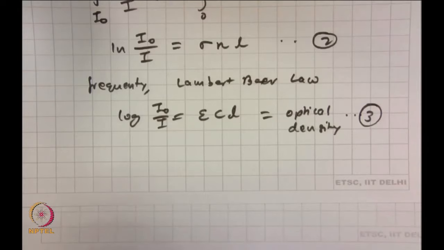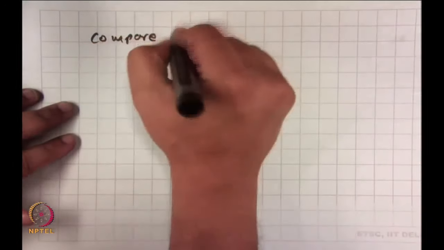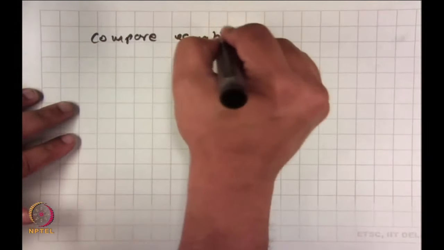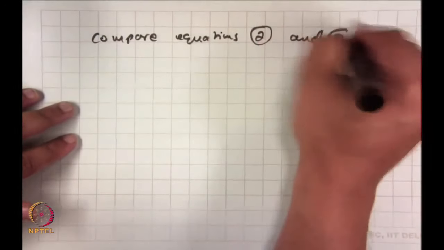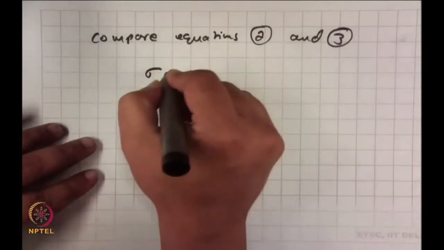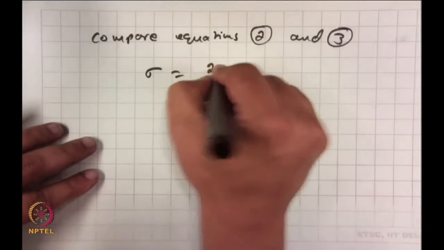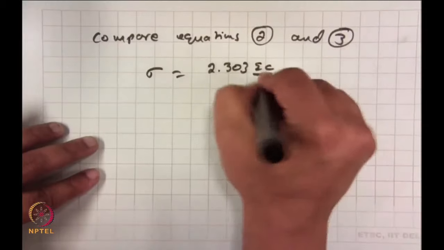So, you compare equations 2 and 3, and this is what you end up with. What you end up with is sigma is equal to 2.303 epsilon C over n.